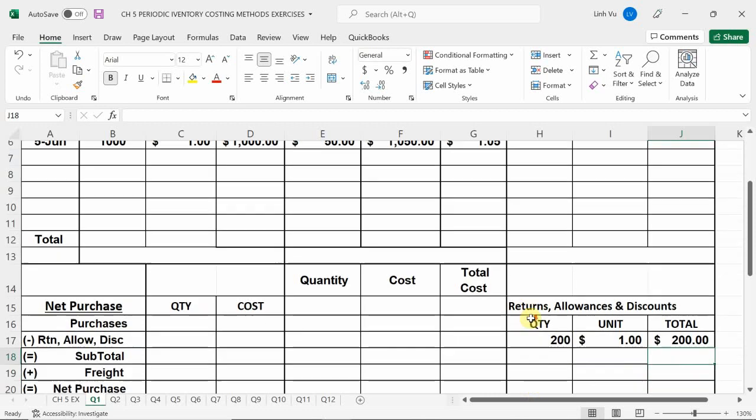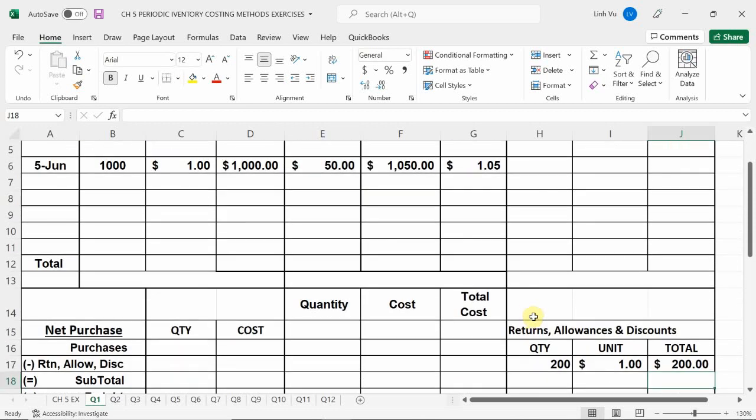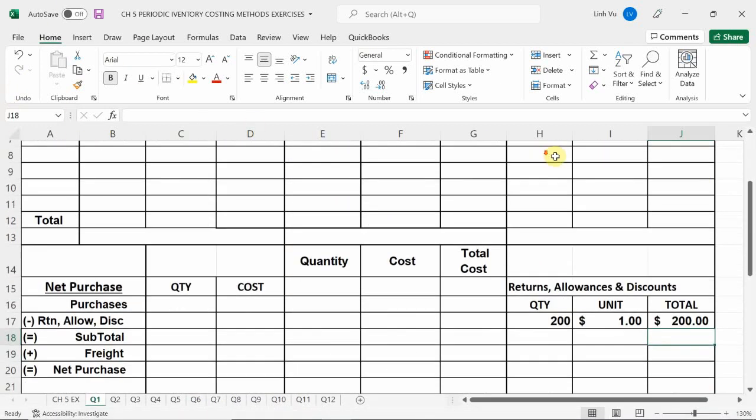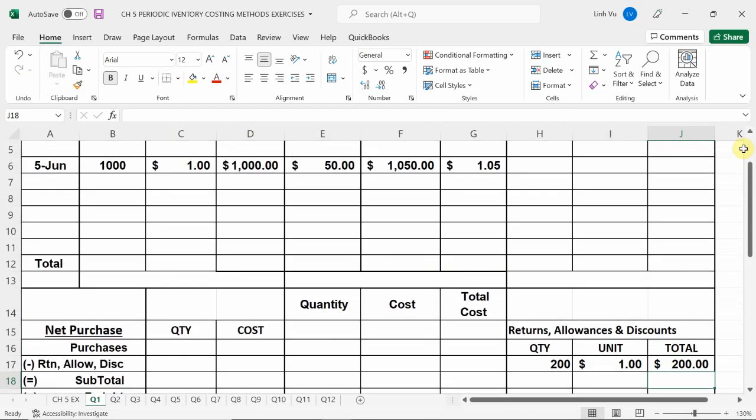Now, this is where you need to pay really close attention, because I now need to make sure that I know how many items I actually have available. Right now it says that I purchased 1,000 units, but I ended up returning 200 of them. So in reality, how many items do I actually have? I have 800.